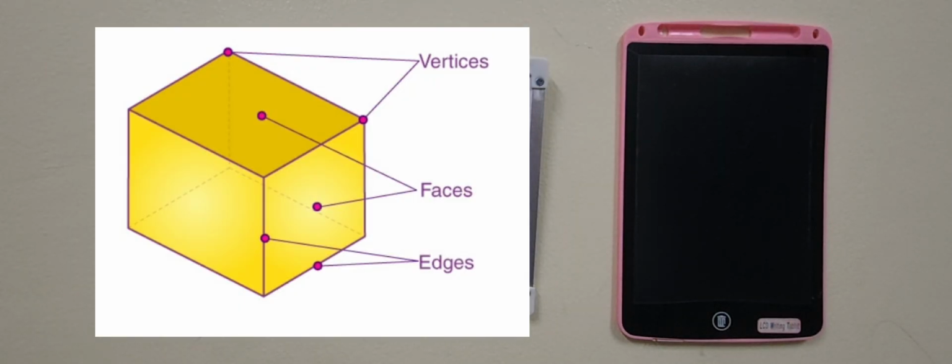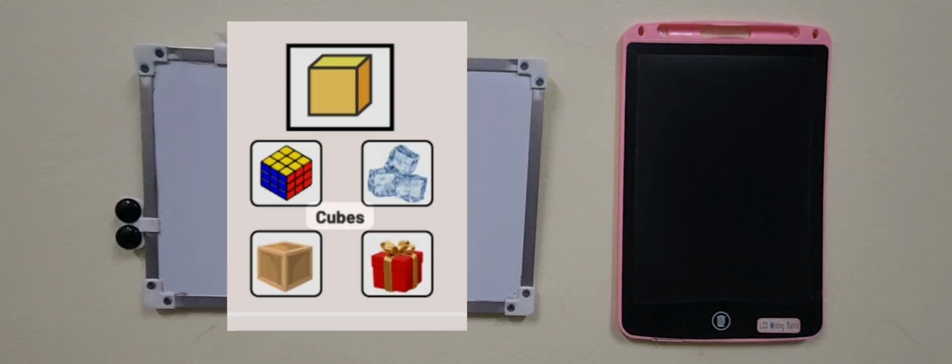And guys, a fun fact: each face of a cube is a square, and for a cuboid it is a rectangle.